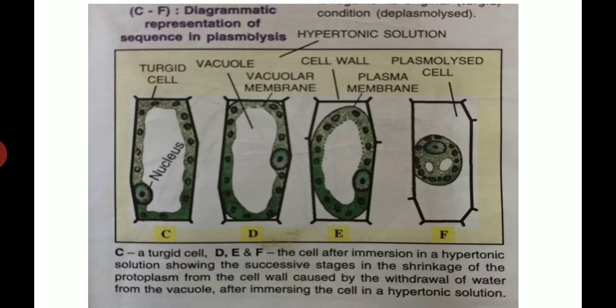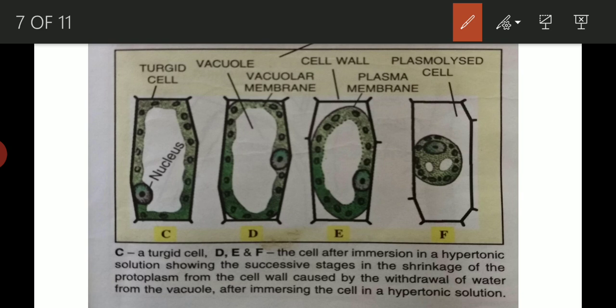Now we are coming to the very important part, that is plasmolysis. Most of the questions from this chapter come from this plasmolysis part. So what will happen? This is a cell. This is a turgid cell full of water. Now this has been kept in hypertonic solution. In hypertonic solution, the solute concentration is higher, I can say the water concentration of that solution is less than the cell. The cell contains more water than that solution.